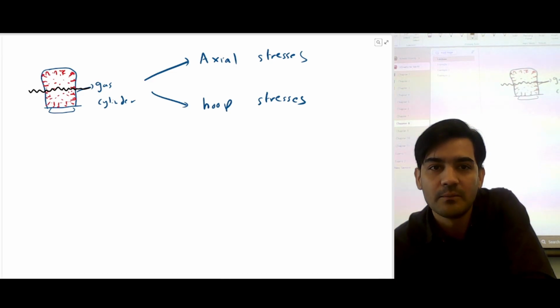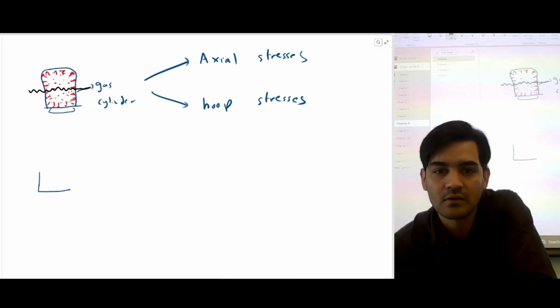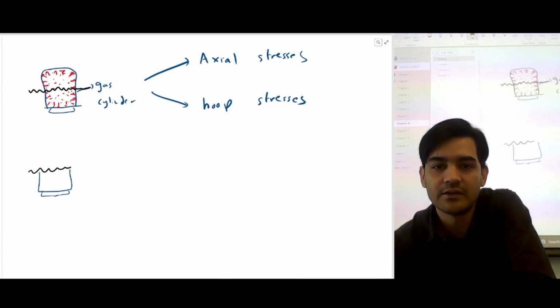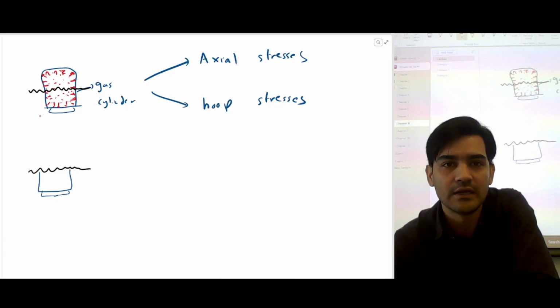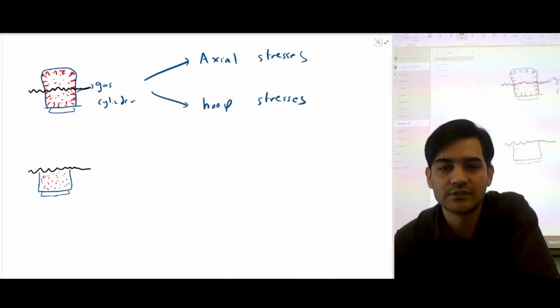If you make a cross section, I'm gonna draw half of the cross section here. This is a gas cylinder. We have made a cut, and this is the pressurized gas which is acting as an external load.